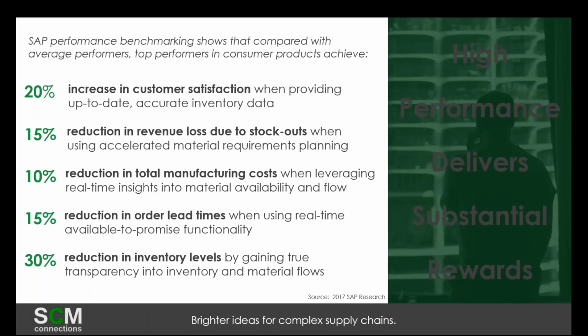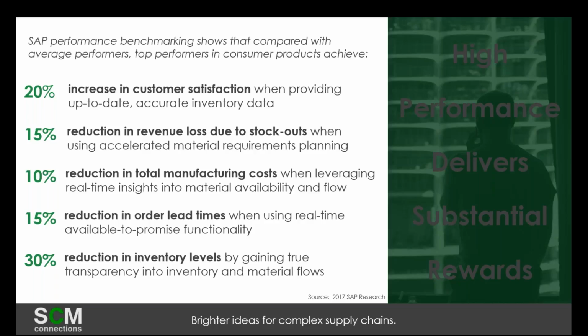So these are some statistics from SAP of the improvement that being on integrated business planning can really provide to a customer. Increased customer satisfaction when you can provide them with really up-to-date, accurate inventory data, a reduction in revenue losses, reduction in manufacturing costs, because you finally have that real-time insight into where your materials are and how they're flowing.